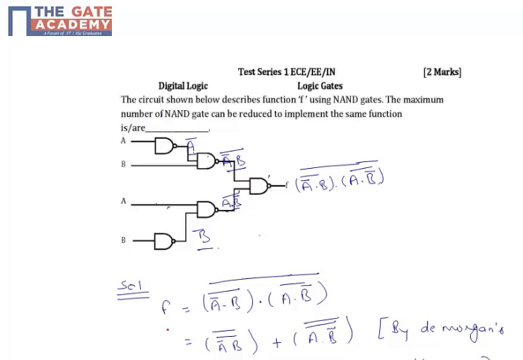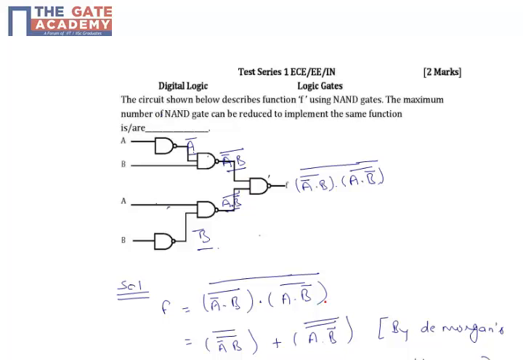So F is going to be equal to ((A bar into B)whole bar into (A into B bar)whole bar)whole bar. Now the whole bar of the total multiplication is going to be equal to ((A bar into B)whole bar)whole bar plus ((A into B bar)whole bar)whole bar, so there is a whole bar two times.